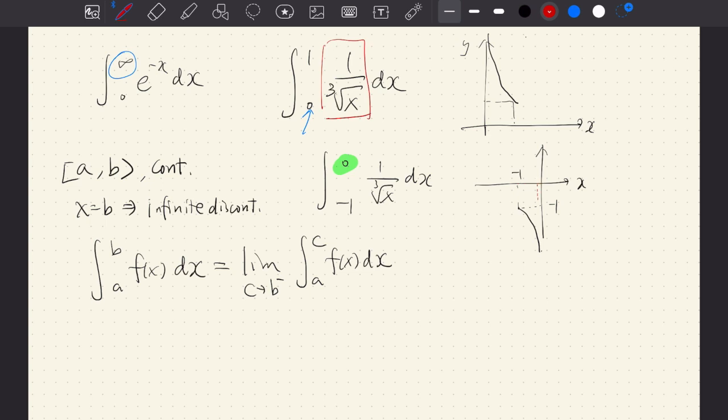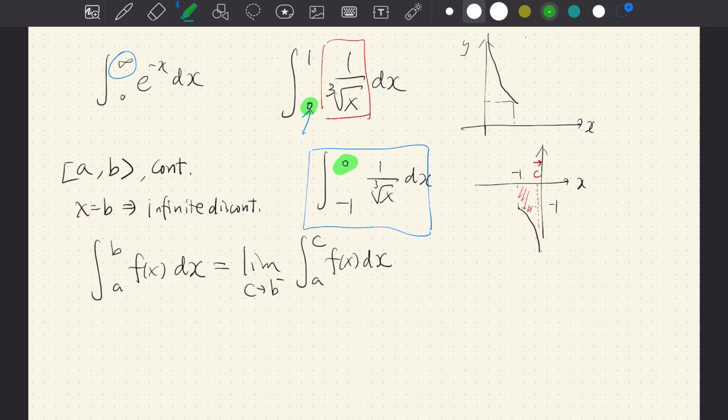So the way we evaluate it is we evaluate the definite integral from -1 to c, and then we let c approach 0 from the left side. So the limit of this quantity would be defined as our value for this integral. Okay?